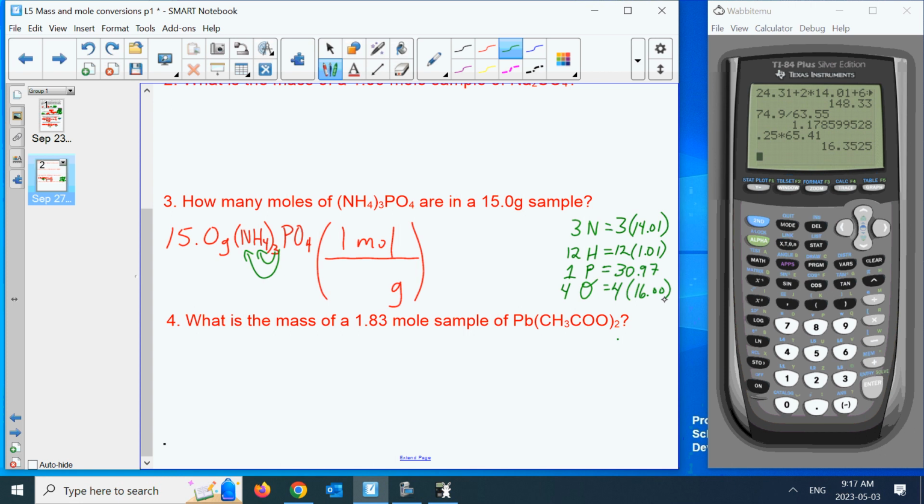I put all of those in my calculator: 3 times 14.01 plus 12 times 1.01 plus 30.97 plus 4 times 16. I get an answer, and I'm going to keep it to 2 decimal places. That's what it came out to: 149.12. I'm going to put that in. 149.